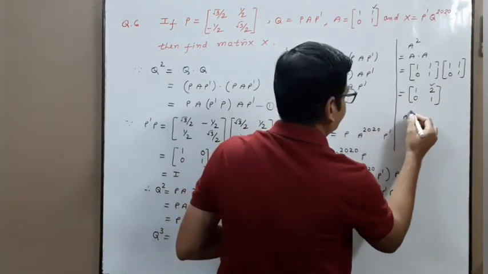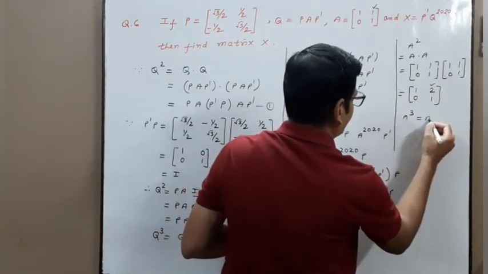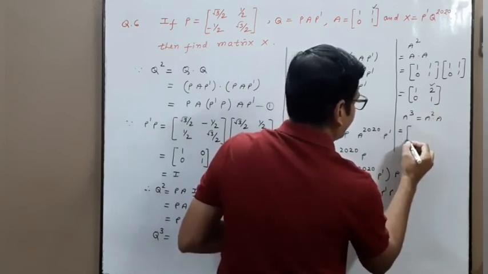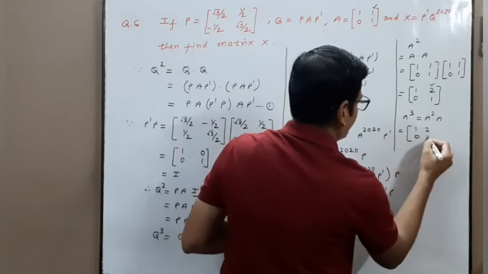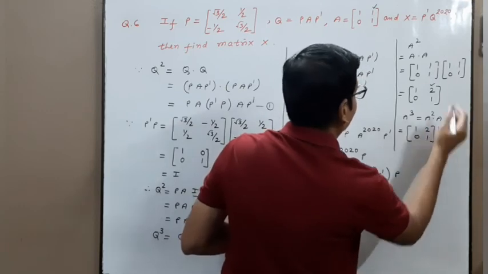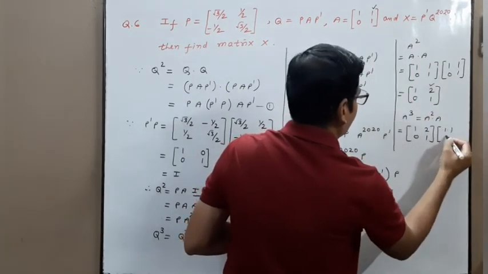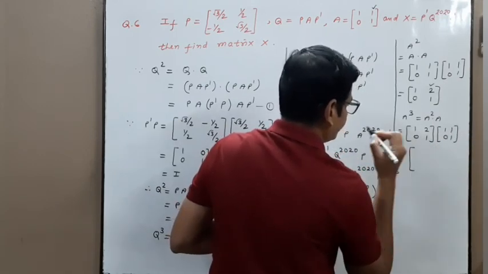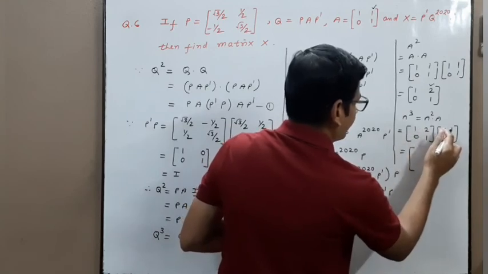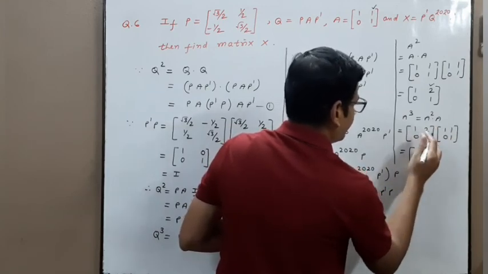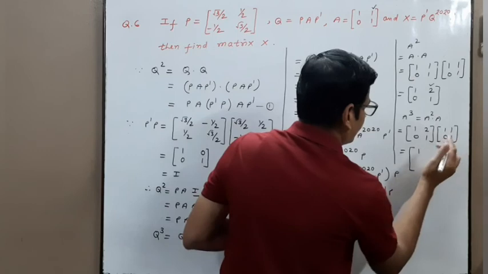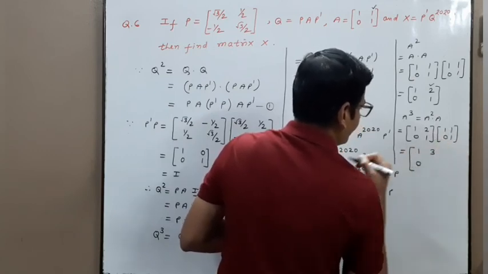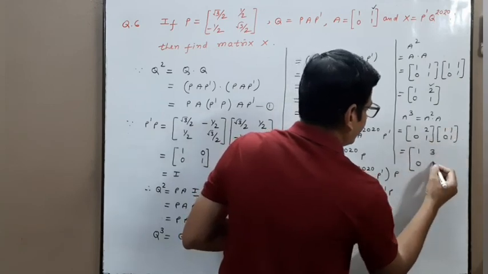Now find A cube. A cube equal to A square into A, is equal to A square, which means 1 2 0 1, into matrix A. Matrix A is 1 1 0 1. Again multiply. So 1 into 1 is 1, and 2 into 0 is 0, so 1. 1 into 1 and 2 into 1, 1 plus 2 is 3. 0 plus 0 is 0. 0 plus 1 is 1.